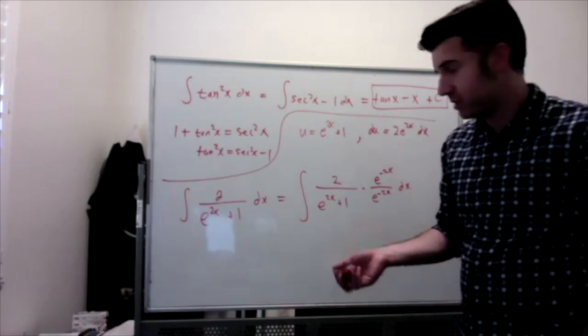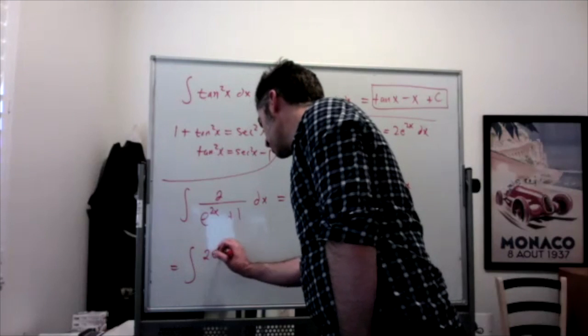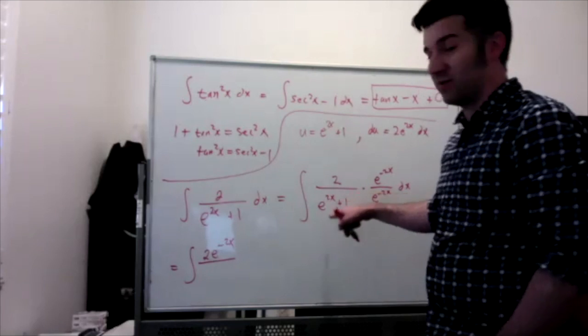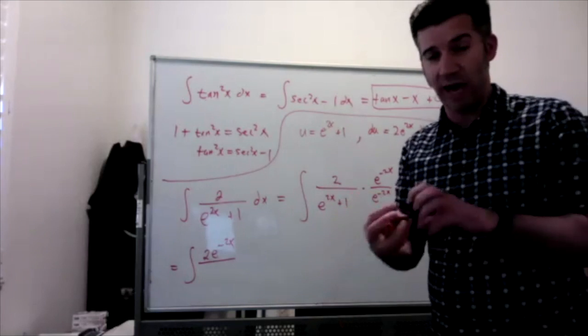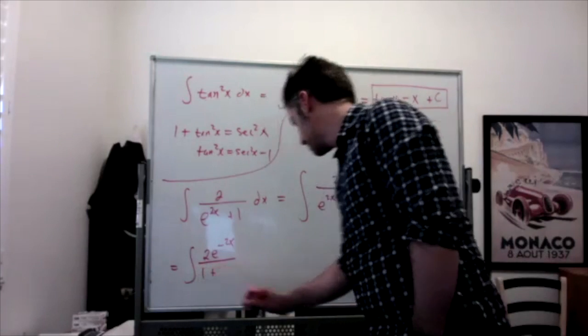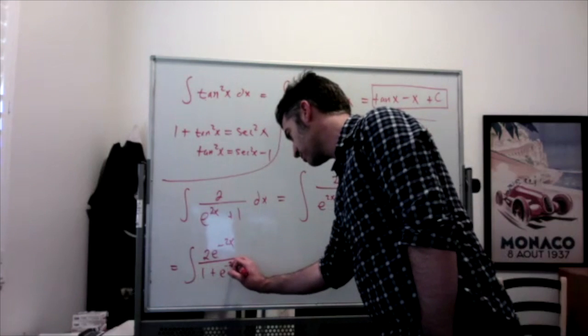So let's look what happens. On top, you get 2e to the negative 2x. On the bottom, e to the negative 2x times e to the 2x is e to the 0, because you add those powers. And e to the 0 is 1, plus e to the negative 2x times 1 is e to the negative 2x.